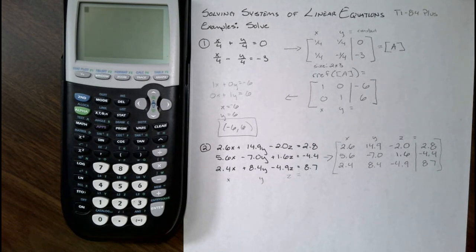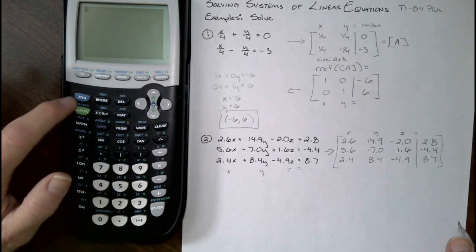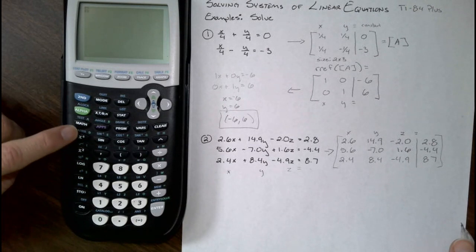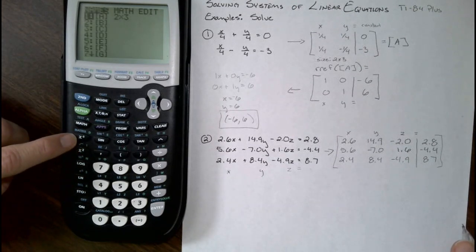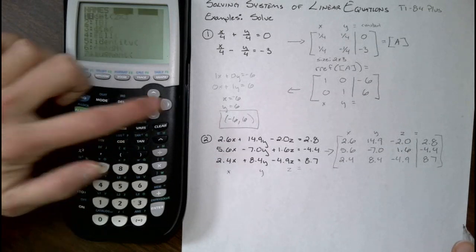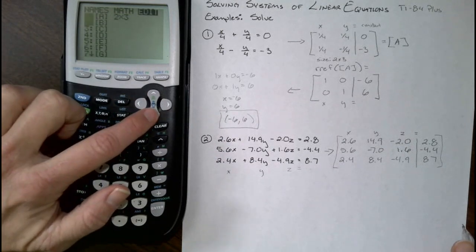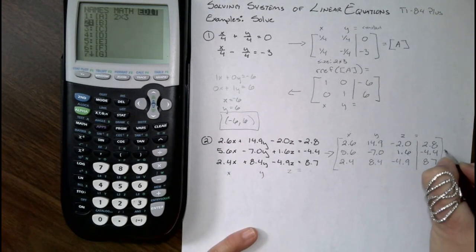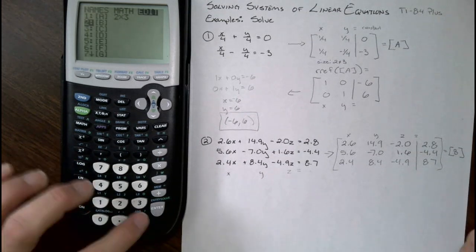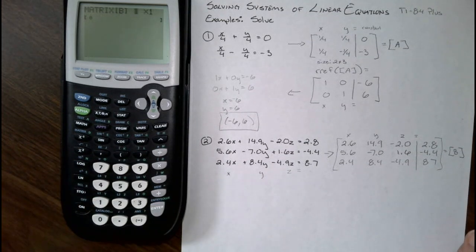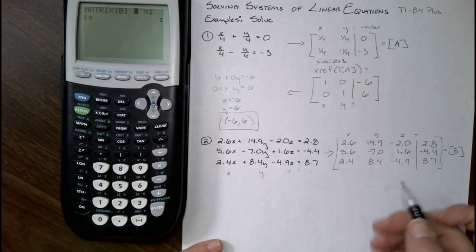All right, so now we're going to put that into our calculator. Again, to do that is second and that x inverse, which is the matrix, and then over now to edit. I'm going to go ahead and put this in spot B, so I'll name it over here. This is going to be matrix B, just so I can remember that. Select matrix B. Now I do need to type in the size.